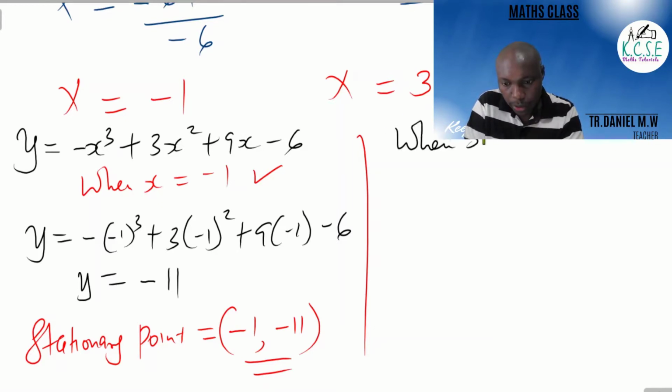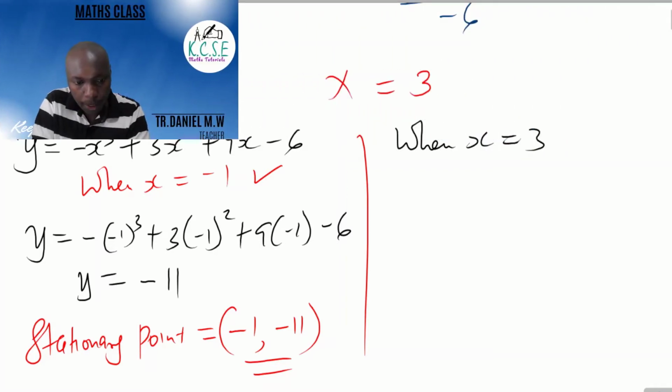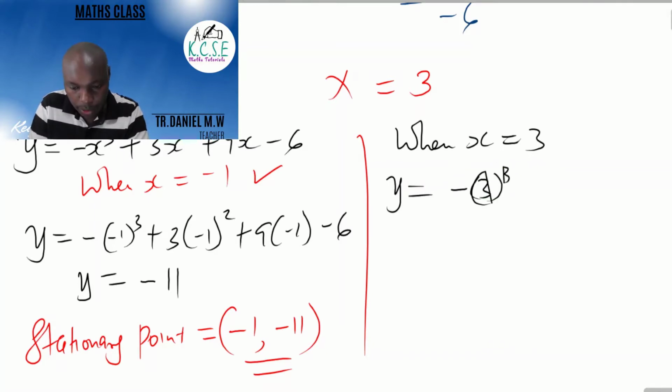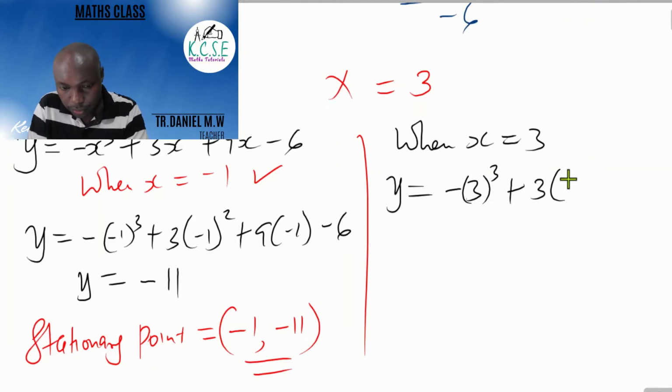When x is equal to 3, we substitute in this function: negative 3 cubed plus 3 times 3 squared plus 9 times 3 minus 6.